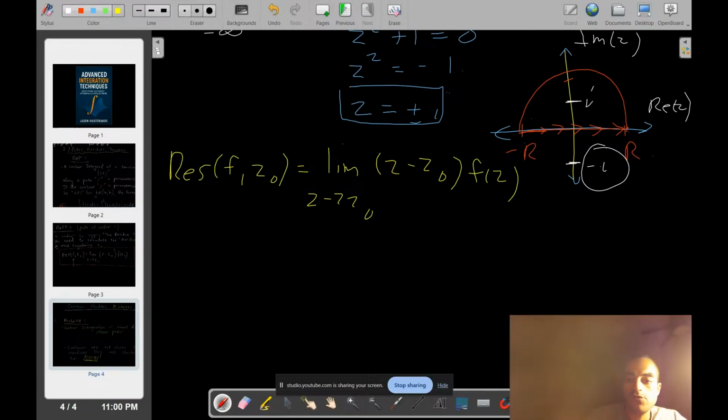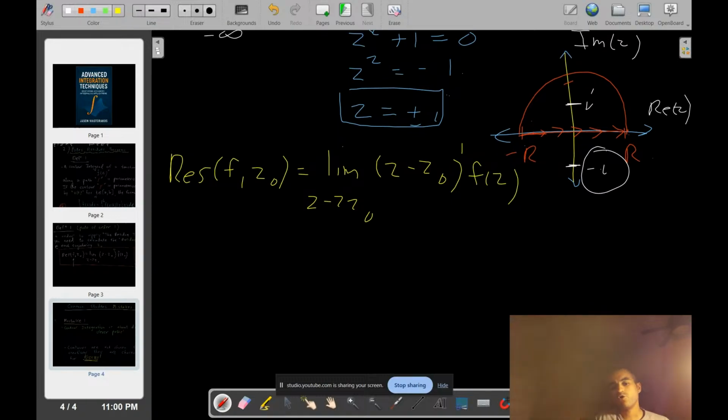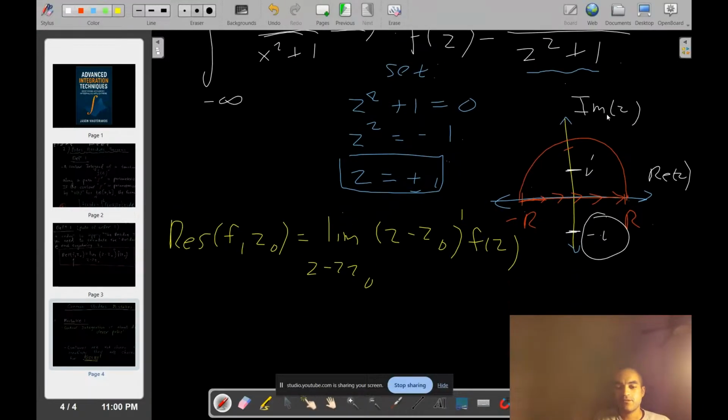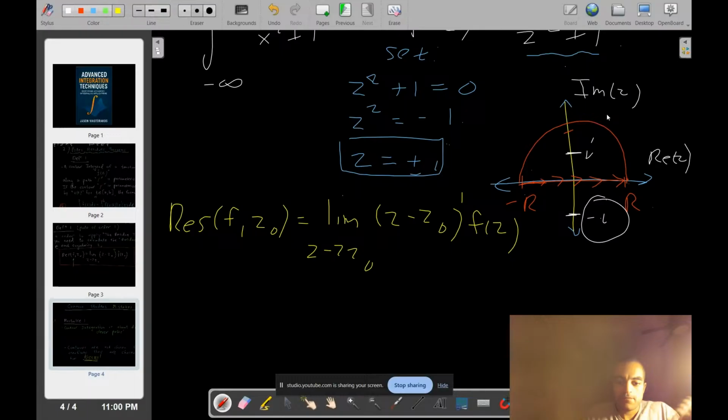Don't worry, we're dealing with an order 1 pole because we have z squared plus 1 to the first power. I'm only dealing with order 1 poles today. We evaluate the limit as z approaches i only because that pole is inside of the contour. If the pole is outside of the contour, we won't calculate its residue.